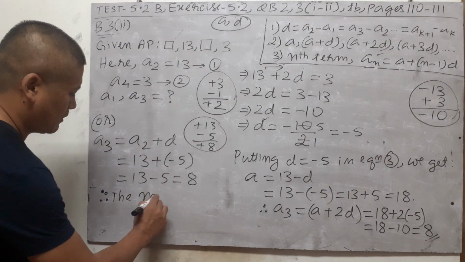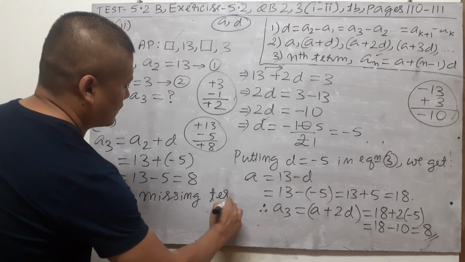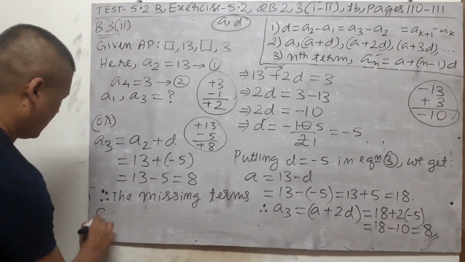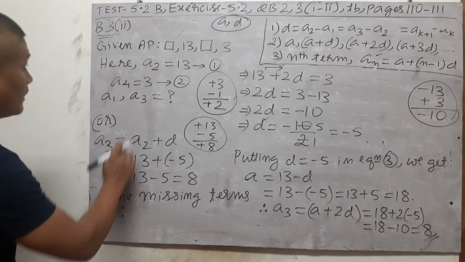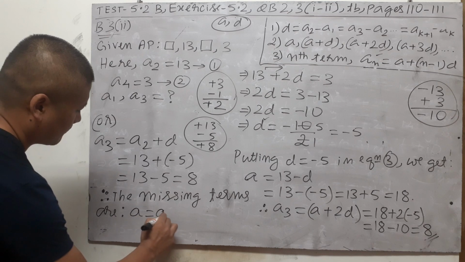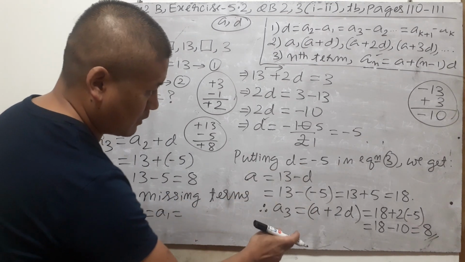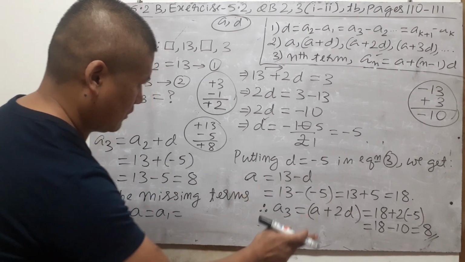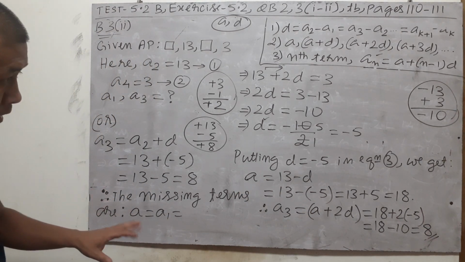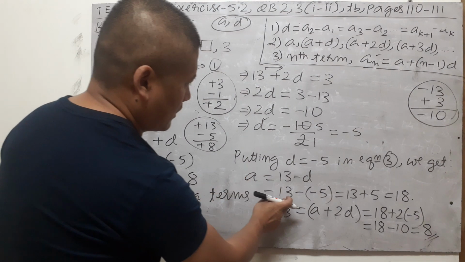The missing terms are, first box, A1 or A is equal to, here, A equal to, you already found here, right? 18.